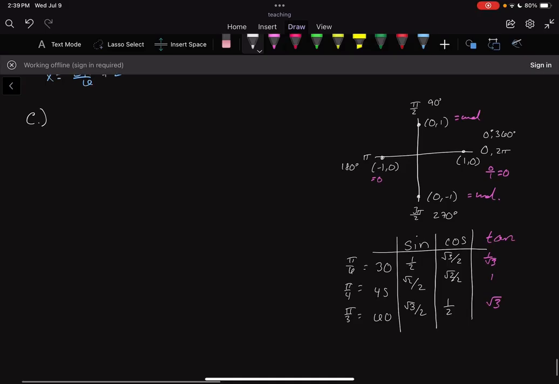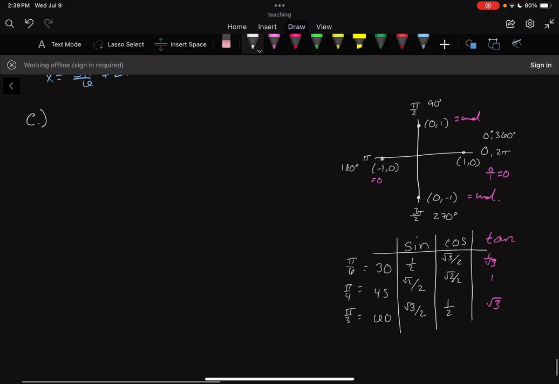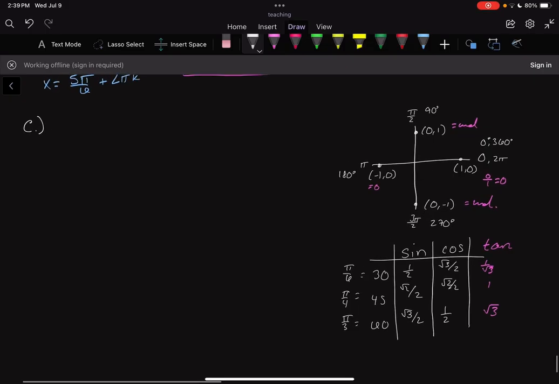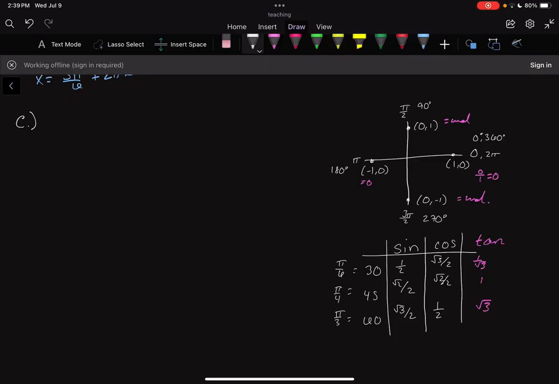So this one we'll do 2 sine x cosine x plus cosine x is equal to 0.